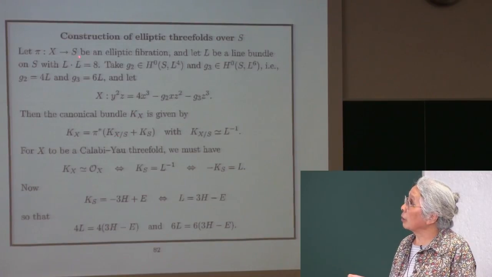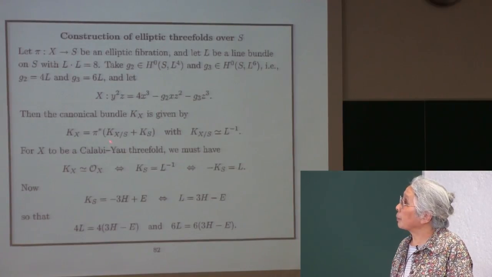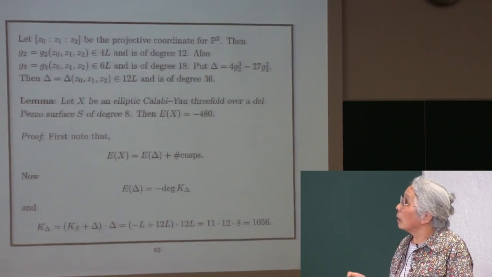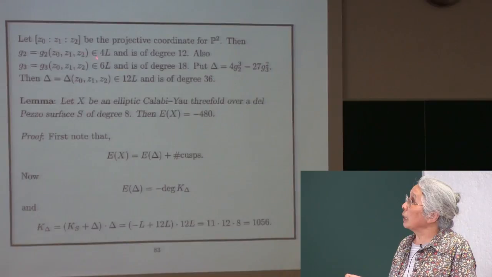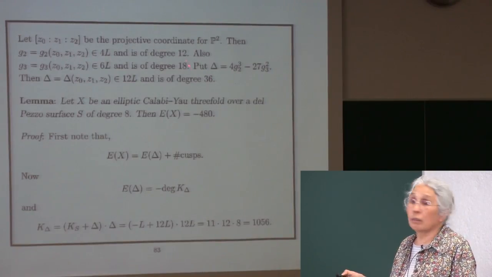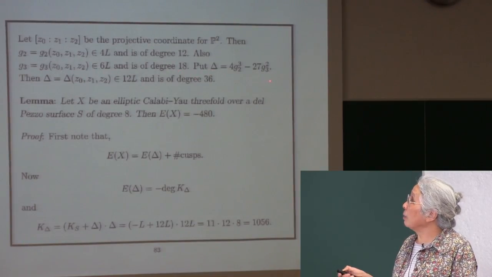Now I want to introduce a coordinate, a projective coordinate for P2, so that I can express G2 and G3. G2 inside 4L is of degree 12, and G3 is of degree 18. Now the discriminant locus is of degree 36.